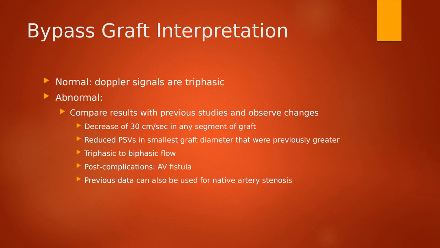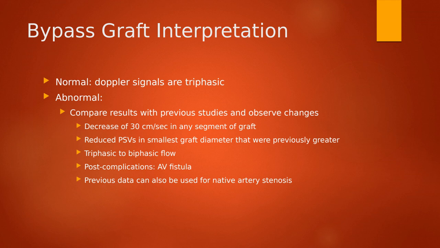It's still considered abnormal, but it's less severe if we see biphasic flow without a decrease in peak systolic velocity. So if the velocity is still the same from a previous study, but the only thing that changed was that it was previously triphasic flow and now it's biphasic flow, we're not as concerned because the velocity is still appropriate for what it was and what it should be.